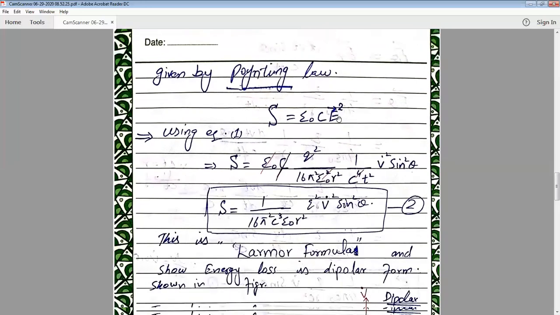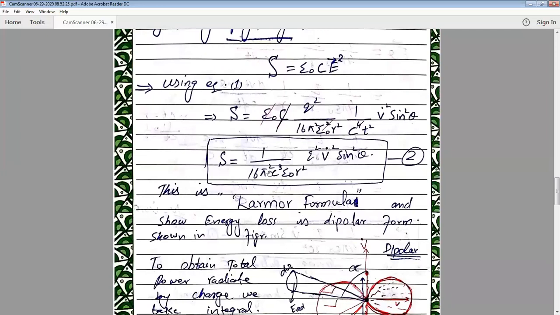Now put the value of E, then this becomes the square of the value of E. After simplification, we get the Poynting vector equal to 1 over 16 pi square c cube epsilon naught r square, q square acceleration (v dot) square sine square theta. Let's say this is equation number 2.